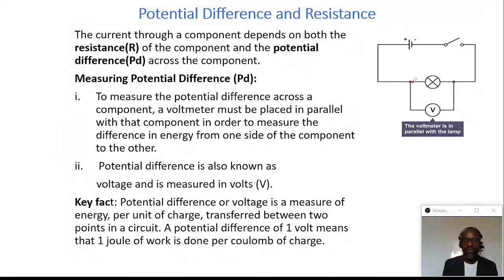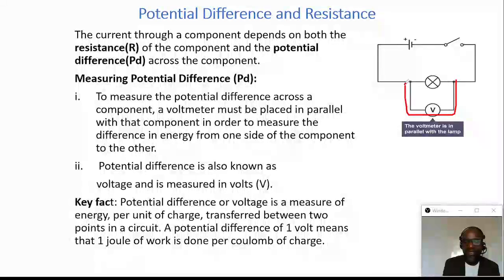For us to be able to measure this and come up with something tangible, something concrete, we must first of all connect a voltmeter. Look at this, a voltmeter.